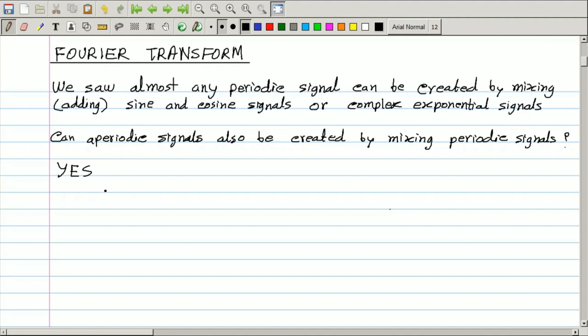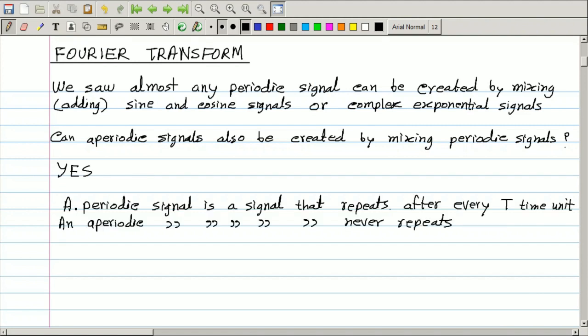And the main catch is this. We know a periodic signal is a signal that repeats itself after every T unit of time. And an aperiodic signal is a signal that never repeats, or we may say that repeats after infinite amount of time.